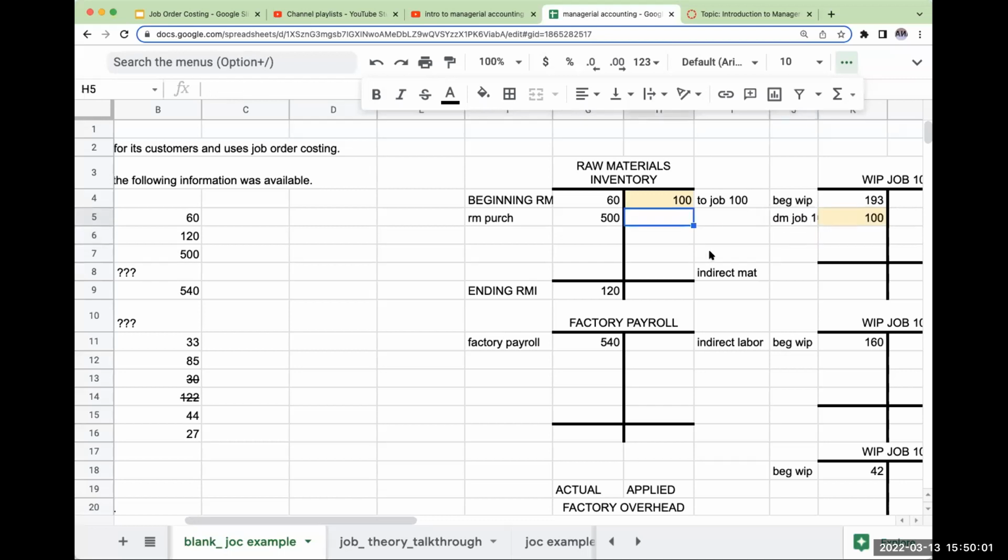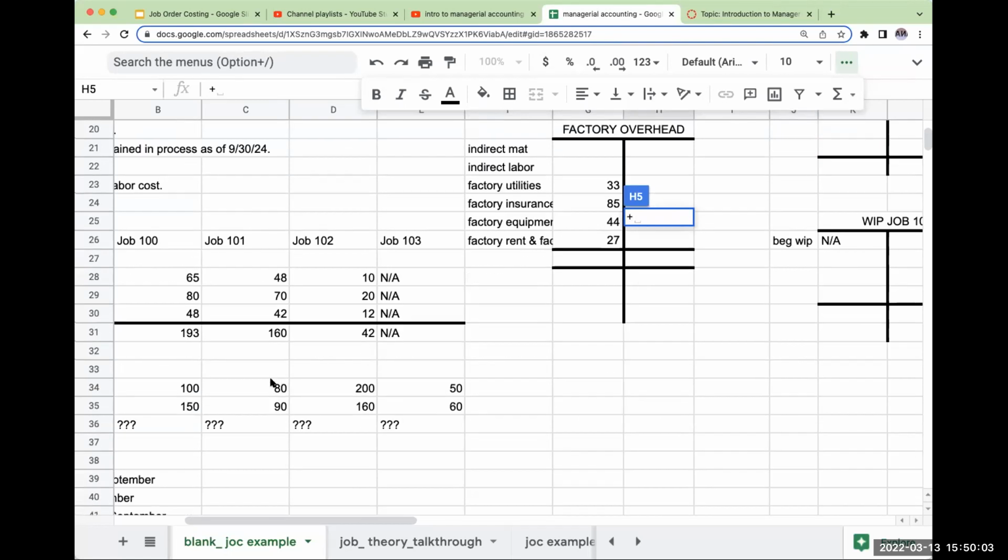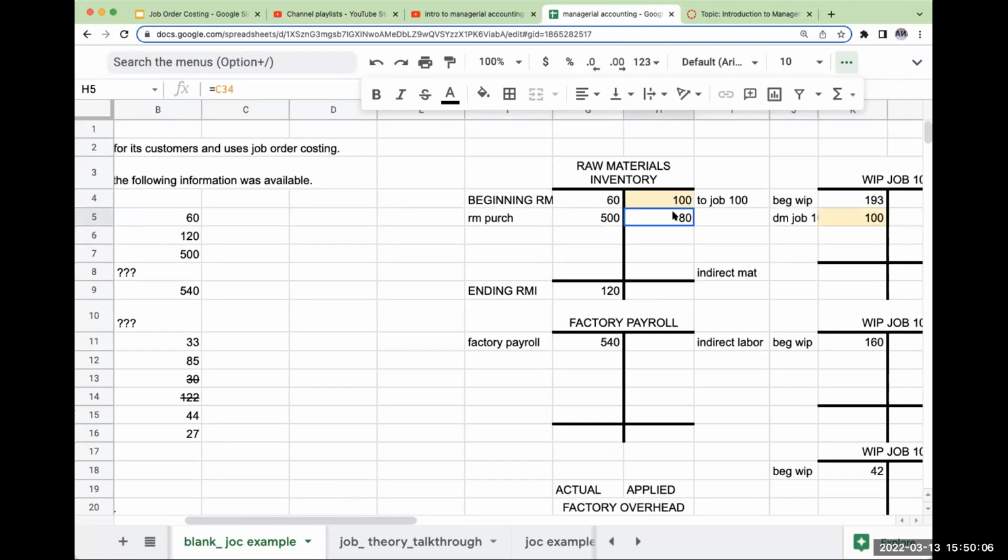Okay, right over here, my next one is going to be 80. This is my direct materials to job 101. So over here, my direct materials for job 101 is going to be right over here at 80.